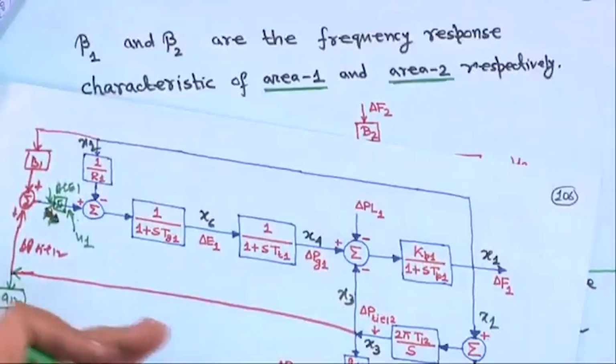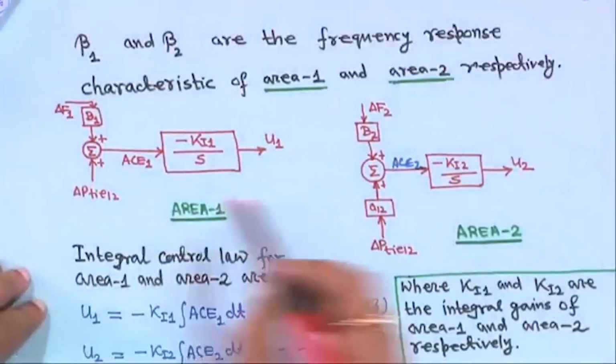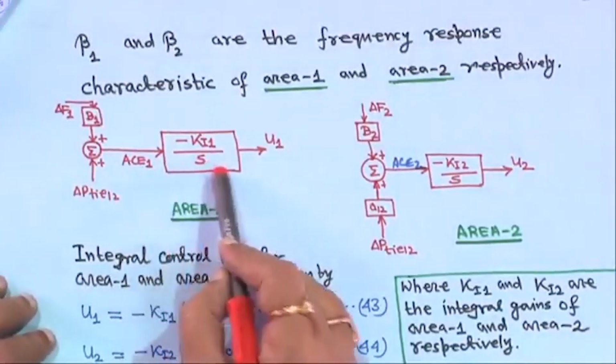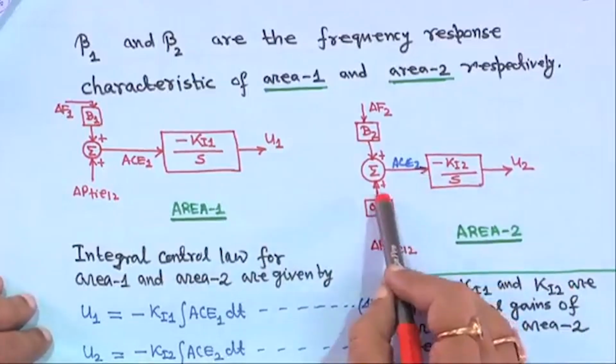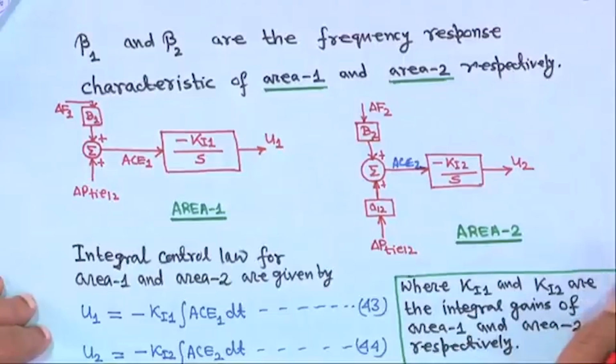So, here AC1 goes to the integral controller to give U1, and AC2 goes to the other, and this is the delta P tie 1 2 that I have shown in that block diagram.